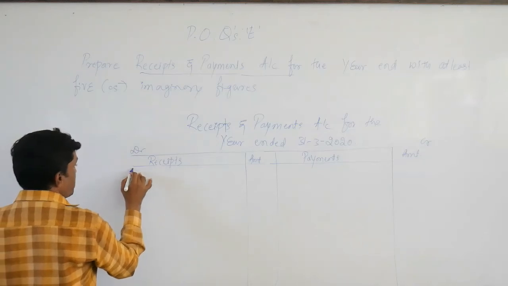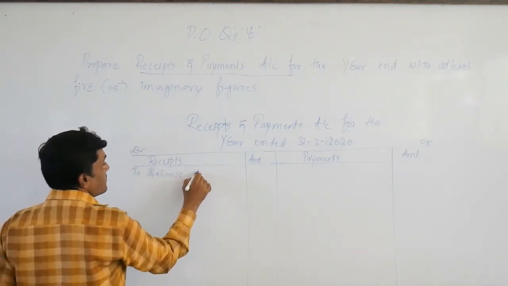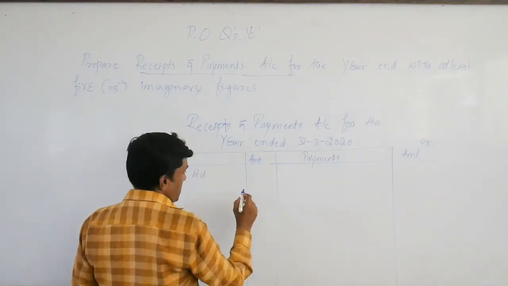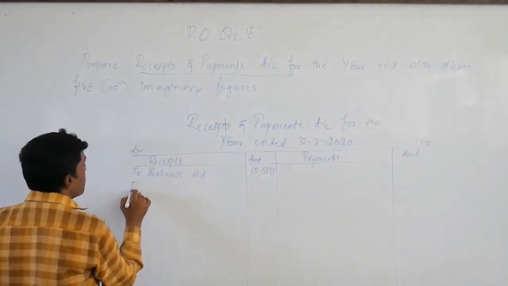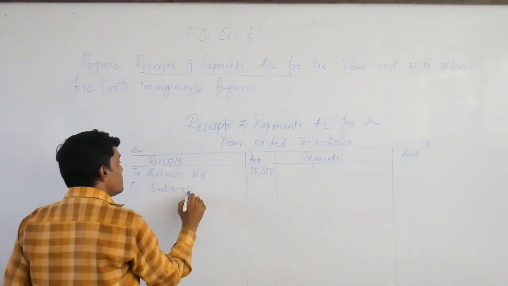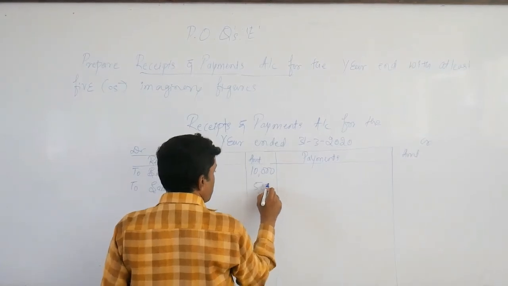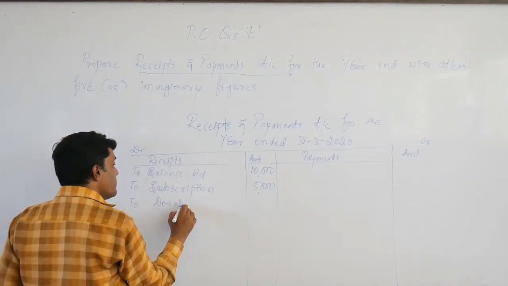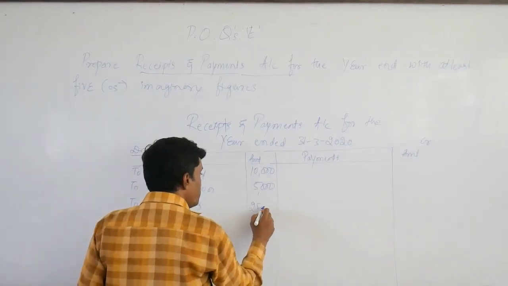On the receipt side, first one, to balance brought down. Here I am taking the amount with my own imagination, that is 10,000. To subscription 5,000. To donations 25,000.